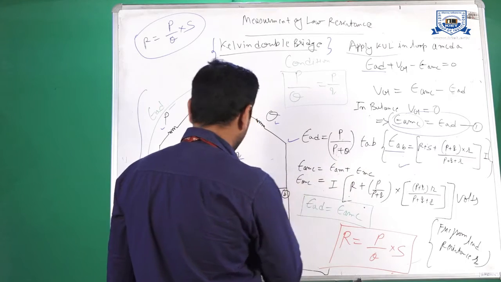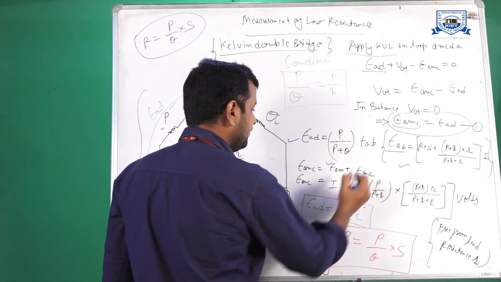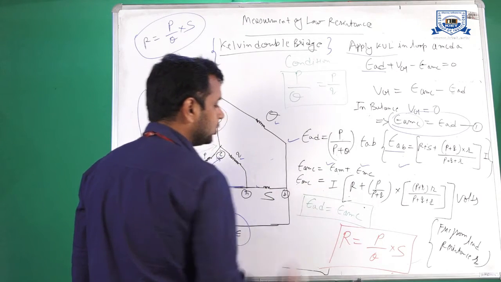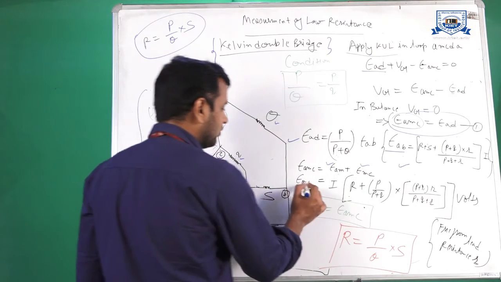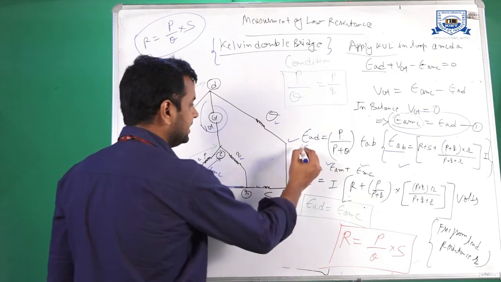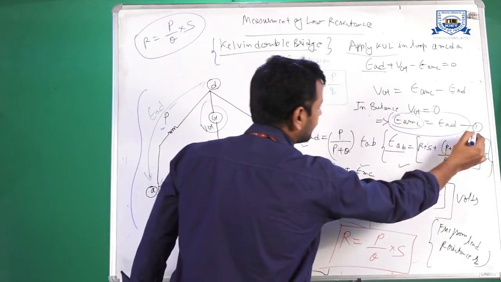If you solve and find out the value of EAM and EMC, we will have the value of EAMC equal to this. So we will put the value of EAMC and EAD in the equation number 1.